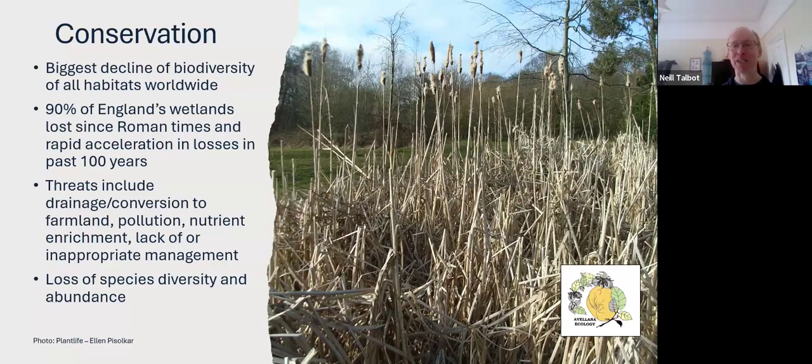We need to do more things like rewilding and natural processes such as introducing beavers, which does seem to be happening more. But there are lots of things that could be done. But I think having natural processes as part of the way we manage things is really important. So that's it.